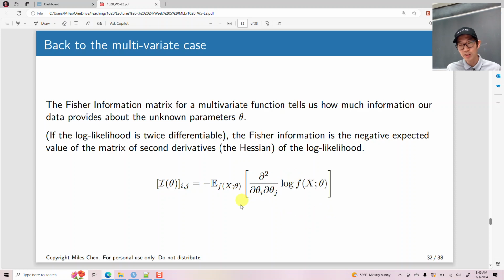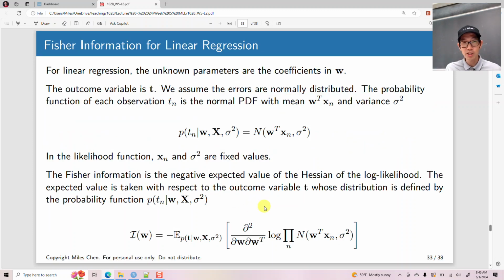So basically, same kind of thing. Now this thing is going to be a matrix, and our Fisher information is going to look like this. This is each component within our Fisher information matrix. The ith and jth component will be with respect to theta i and theta j. Okay, so we can think about this for linear regression.